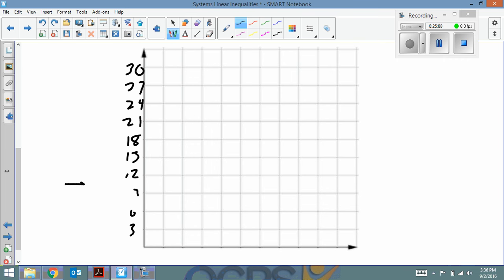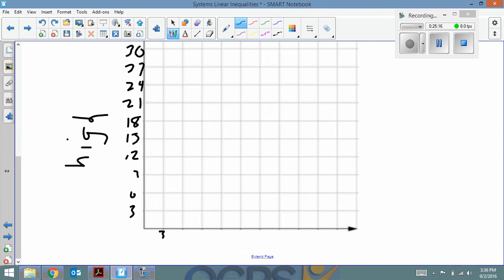Okay, and remember your y is your high. And then same thing on the bottom. And those are your low trail people.